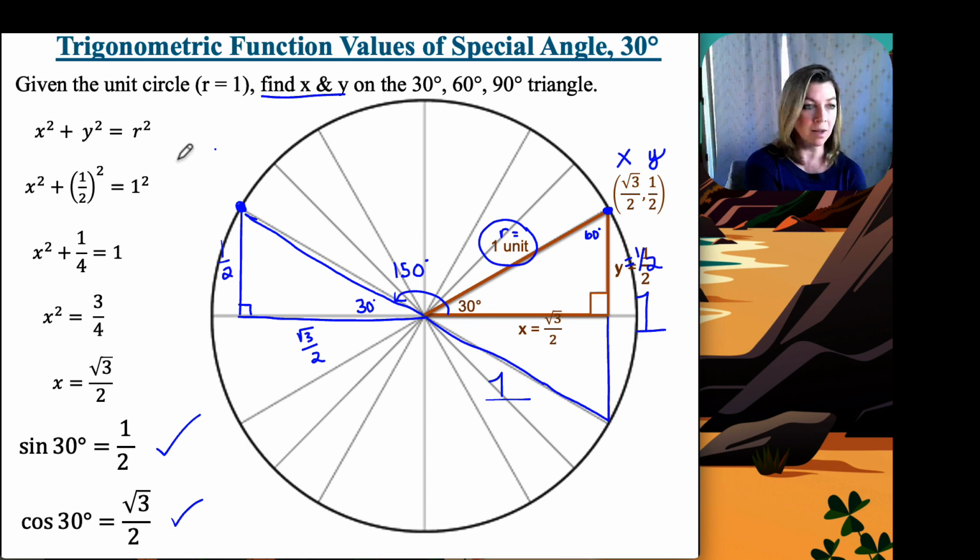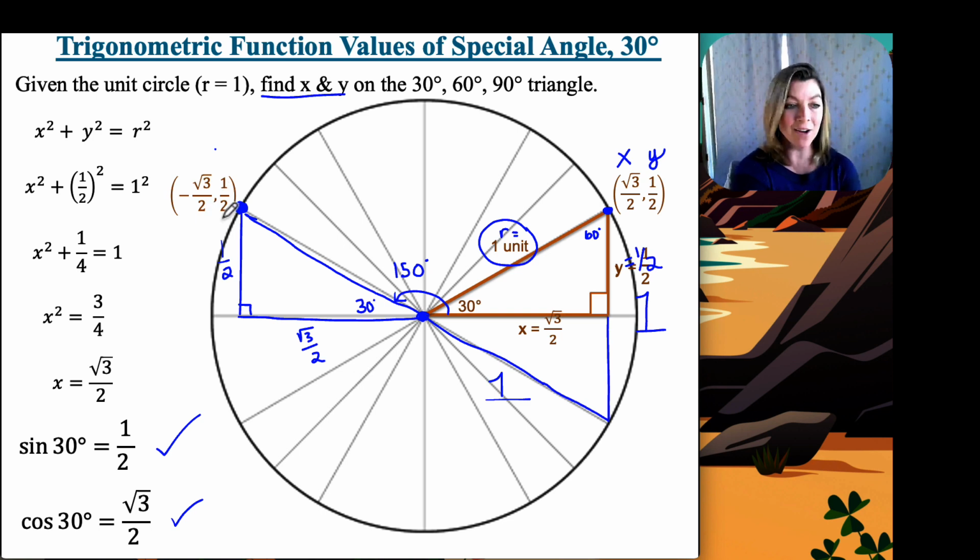So the coordinate is going to be, well, just be careful. These side lengths are positive, but to get to that coordinate over here on the unit circle, we're going to have to travel in the negative direction on the x-axis and then the positive direction on the y-axis. So that's going to make this coordinate right here negative rad 3 over 2, comma 1/2.